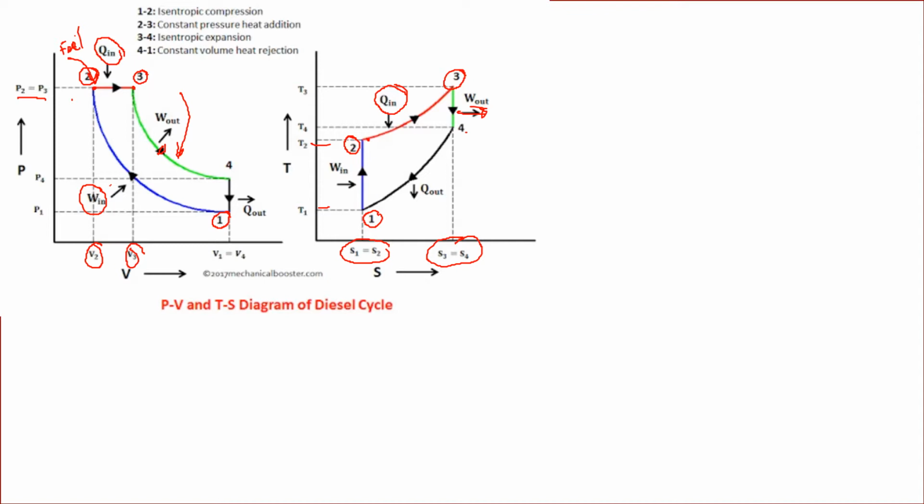Entropy 3 is equal to entropy 4. And then we have the heat out, Q out. So constant volume heat rejection, whereby volume 1 is equal to volume 4, but the entropy has been reduced from S4 to S1.